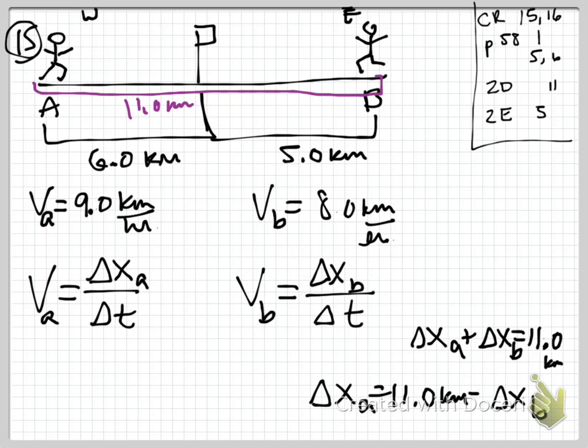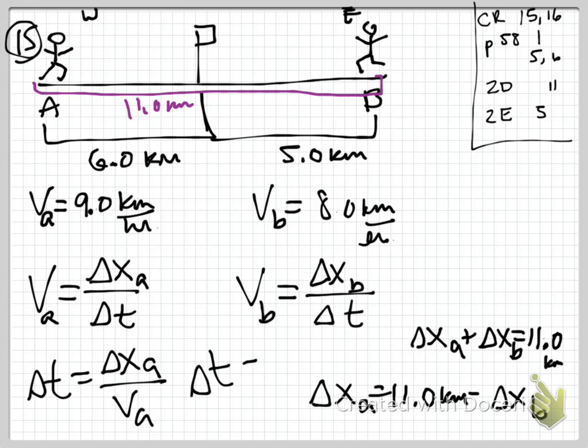At the point when they cross paths, they will have been moving for the same amount of time. Their times will be equal. So can we solve each of these for time? Yeah, we can. Delta t equals delta x A over v A, and delta t equals delta x B over v B.